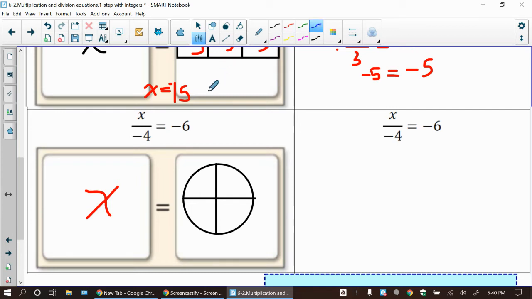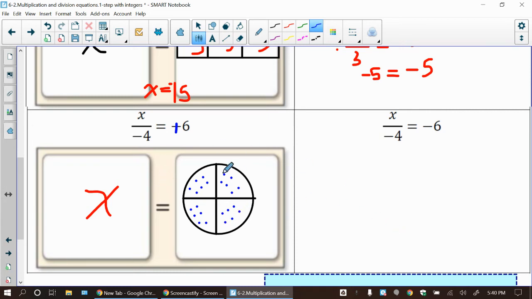So I actually want to put 6 positives inside each of these. If I had my counters, 1, 2, 3, 4, 5, 6 in each one, and because I'm using blue, I know they're positive.